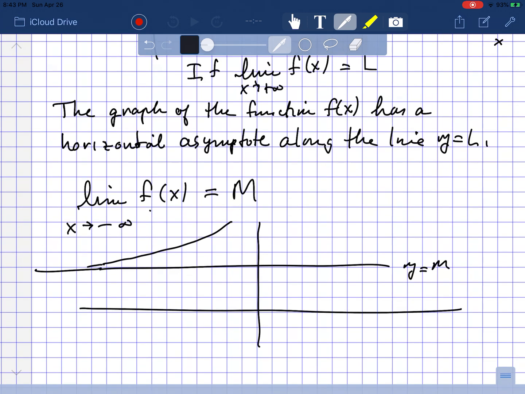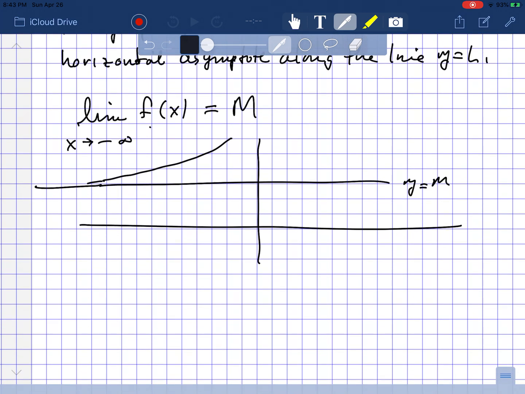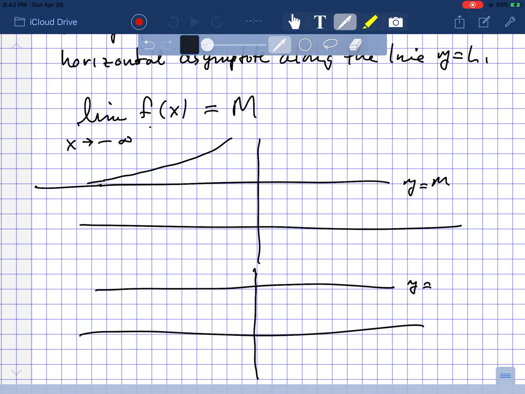I might mention that something else could happen, and this is not something that really comes up often in what we're doing in pre-calculus, but it does come up. The function might oscillate, and the amplitudes are getting smaller and smaller.